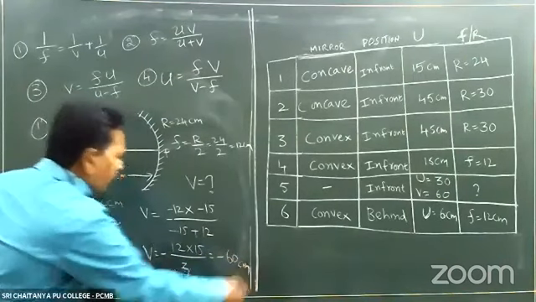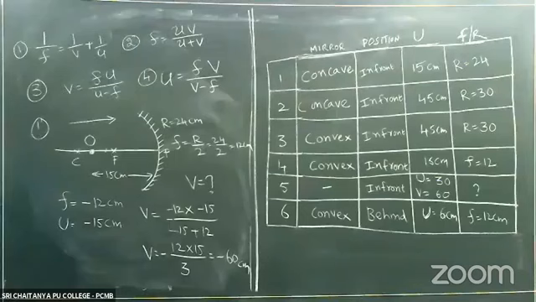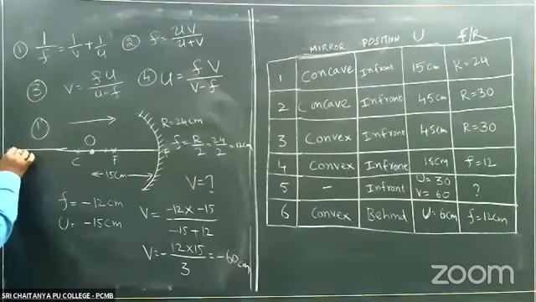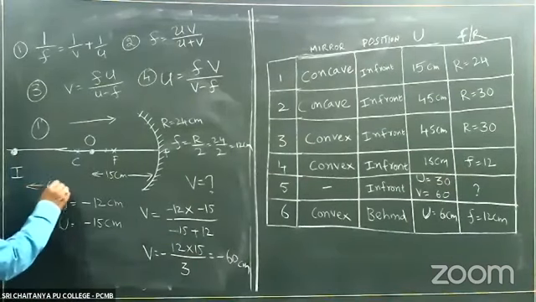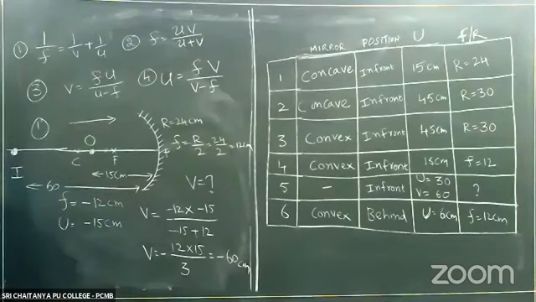So the position of the image is minus 60 centimeters. Minus 60 centimeters means somewhere here. This is the image. At what distance? 60. This is the V value.